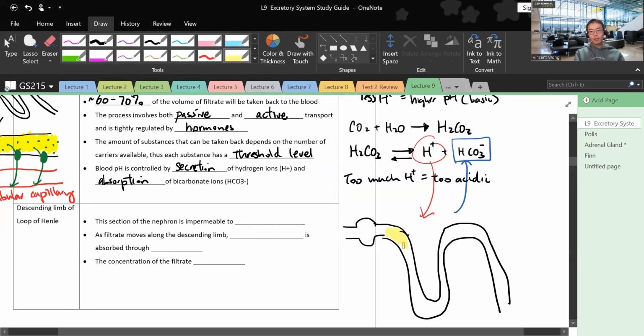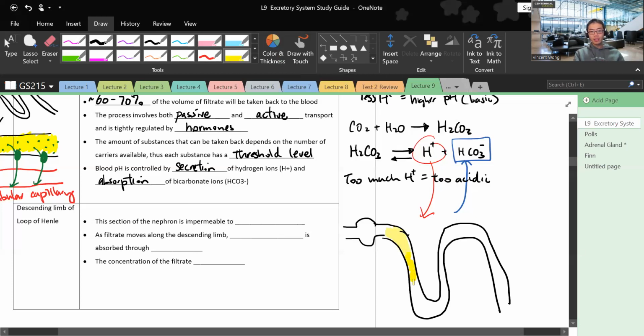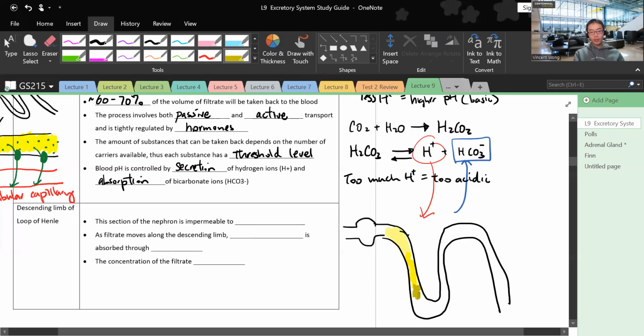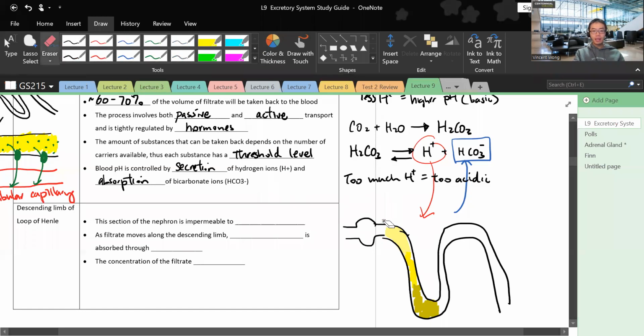You start with filtrate that is not too concentrated, but as you go down and absorb more and more water, the filtrate gets more and more concentrated, as I'm trying to show you with darker and darker color. Do you understand? So as filtrate goes down, water is being absorbed and it gets more and more concentrated.